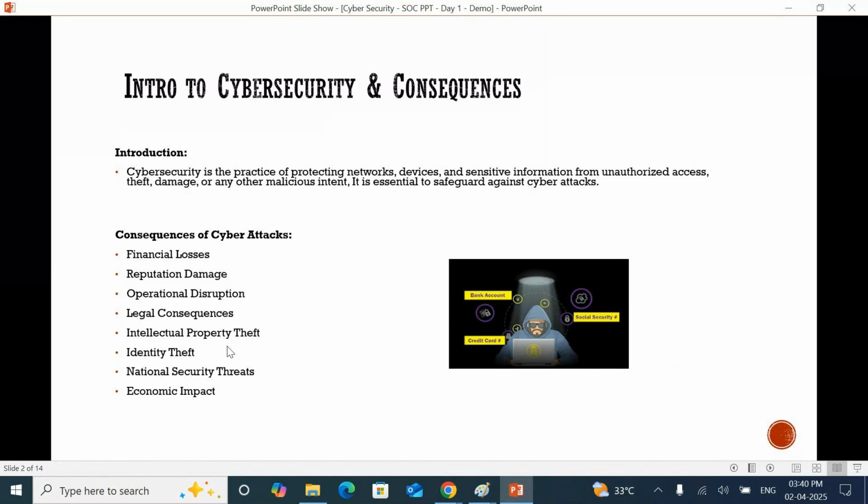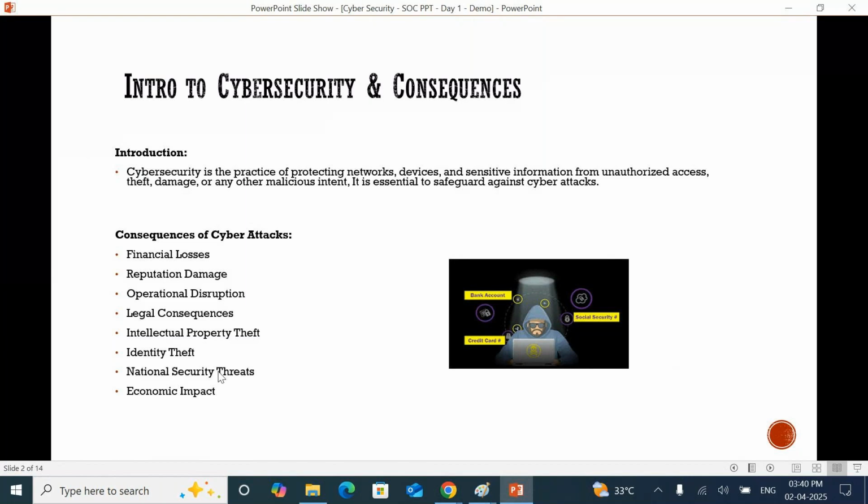A hacker or other unknown person can steal some intellectual property, and any unique identity information can be stolen based on their access. Leading from this, national security threats are also considered.